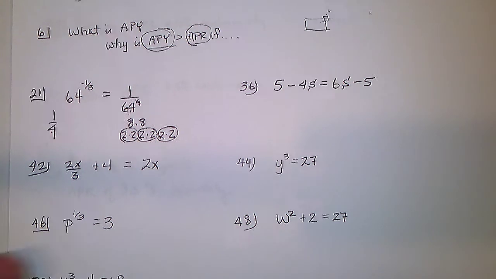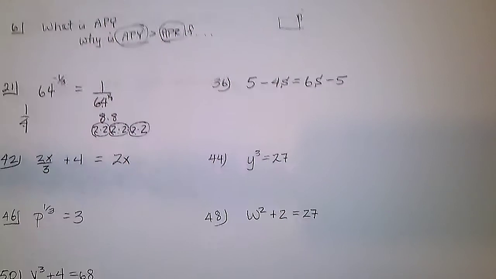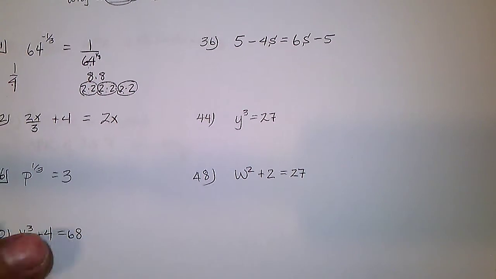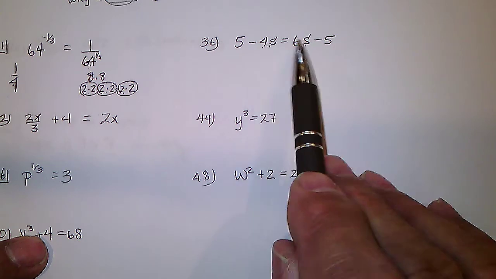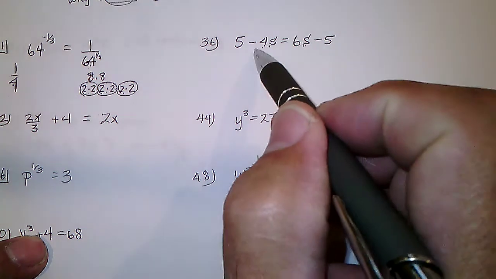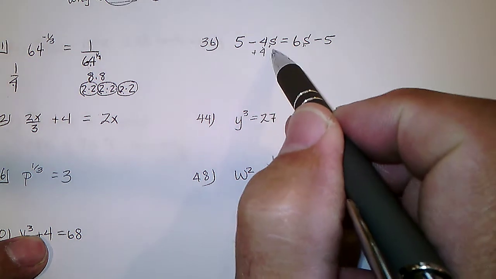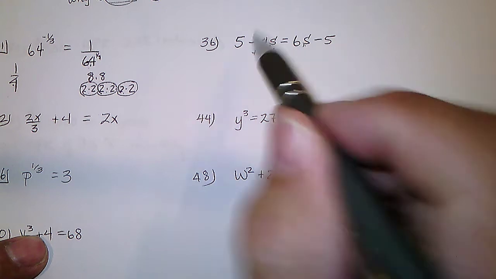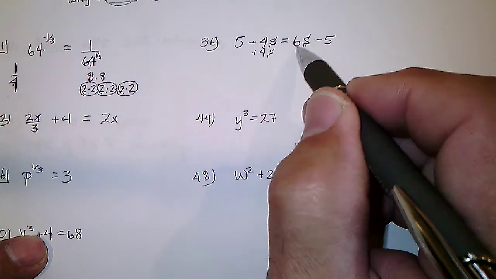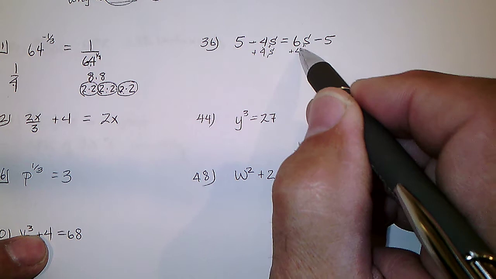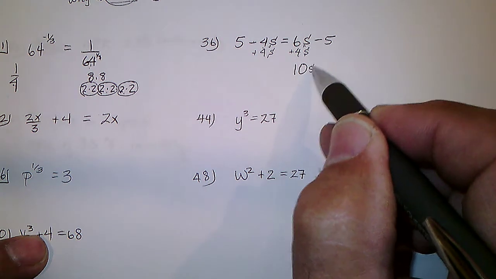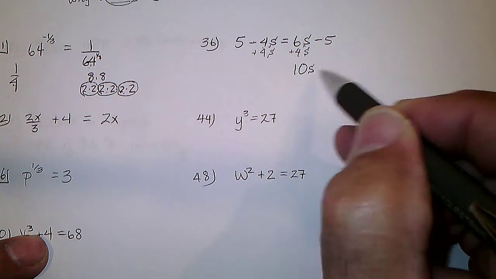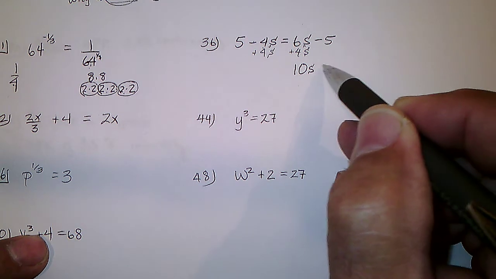Now 36 is an old Algebra 1 problem, one of the more complicated ones. We want to get our variables all collected on one side, so I would add 4s. You could subtract 6s, but I'm going to add 4s because I like to keep things positive. And so I get 10s. I add those little marks on there because otherwise they look like a 5 or a 2 or something, and it gets confusing.